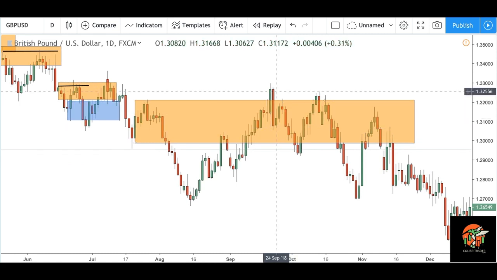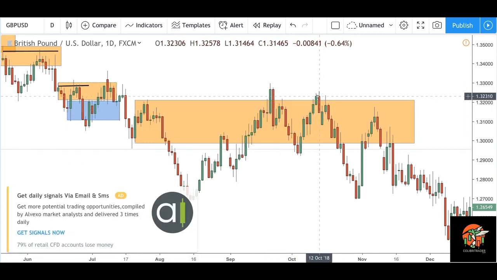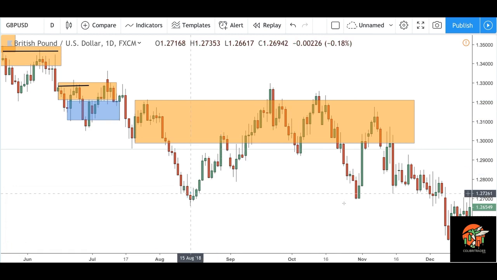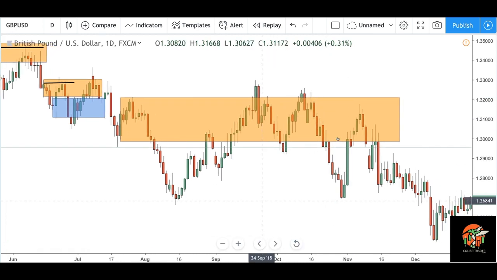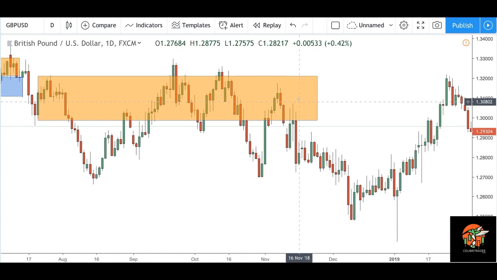And this happened once here with a bearish engulfing candle, then another time here with another bearish engulfing candle, and this is a clear indication for me to actually go back down to the 4-hour chart and look for those more clear and precise entries from the 4-hour chart.